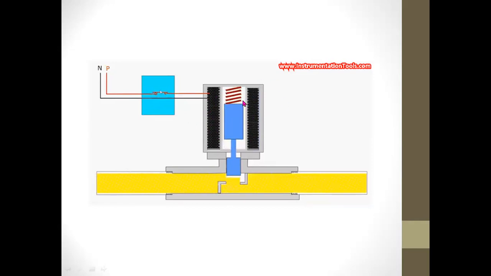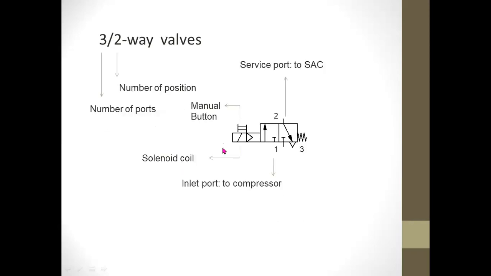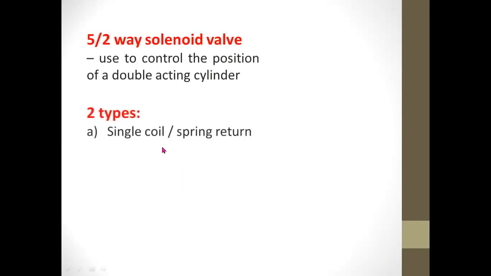However, the three two-way is intended for the single acting cylinders. The five two-way, on the other hand, the first type, the single coil spring return five two-way solenoid valve, is intended for the double acting cylinder.